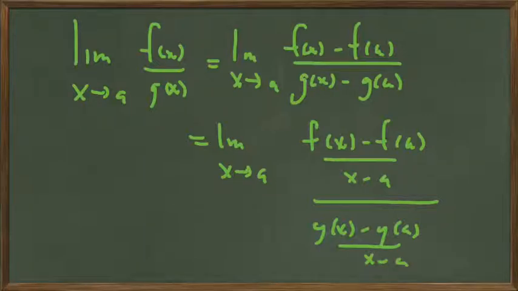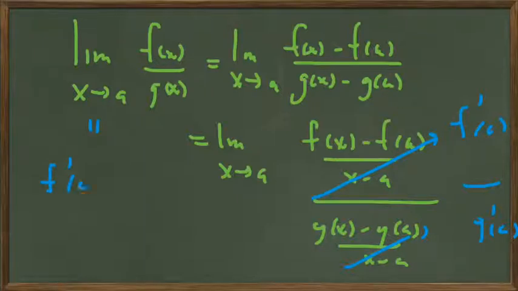And we learned back in the third section of the chapter that as x goes to a, this becomes f prime of a, and this denominator goes to g prime of a. It's actually the definition of g prime of a. And so that tells us that this limit is f prime of a over g prime of a.